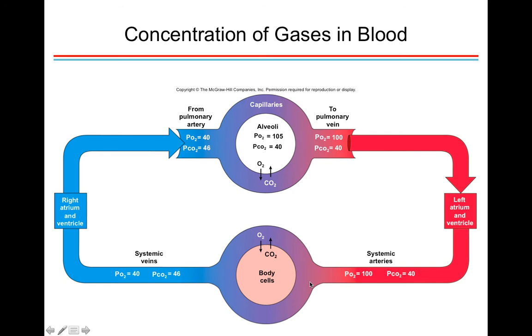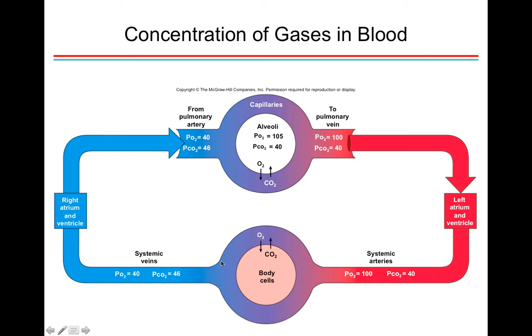In capillaries, there will be a net movement of oxygen from the capillaries into the body cells that need oxygen as a final electron acceptor, and we'll be seeing a net movement of carbon dioxide, which is produced as a byproduct of metabolism, and that'll be picked up by the blood in the capillaries.